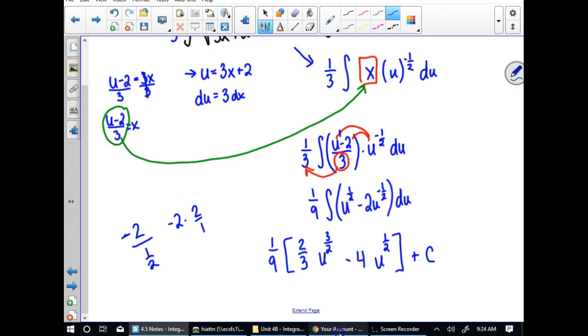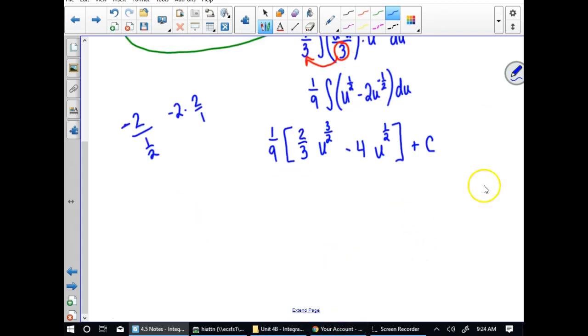If you want, you could go ahead and factor out that u to the 1/2 before you plug the numbers back in. It really doesn't matter. Let's try that this time. If we factor out that u to the 1/2, that will leave us with 2/3 times u minus 4 plus c.